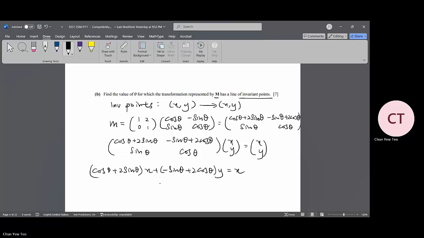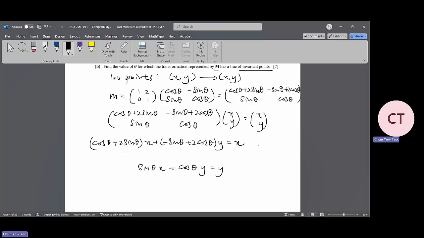Then another one, it will be sine theta multiplied by x plus cos theta multiplied by y will give you y. So what you need to do over here is to solve the simultaneous equations. Maybe we can call this one equation 1, and this one equation 2.